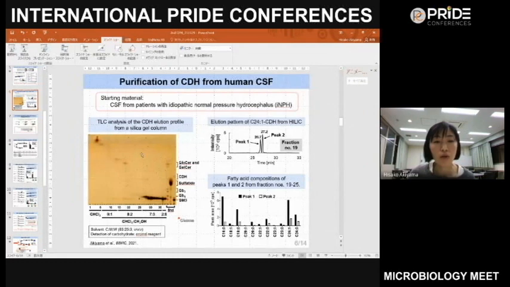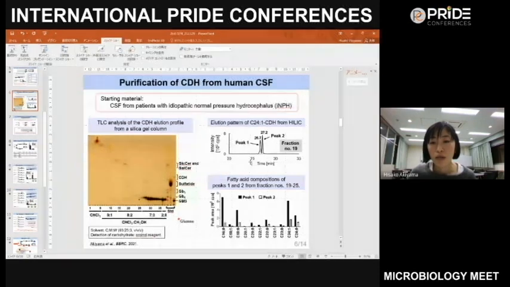This is a result of TLC analysis of the CDH elution profile from a silica gel column. Around fraction numbers 19 to 25, there were very faint bands that showed similar Rf value with the CDH standard.